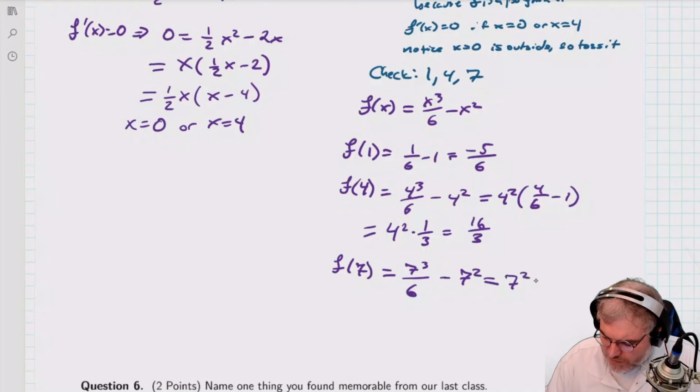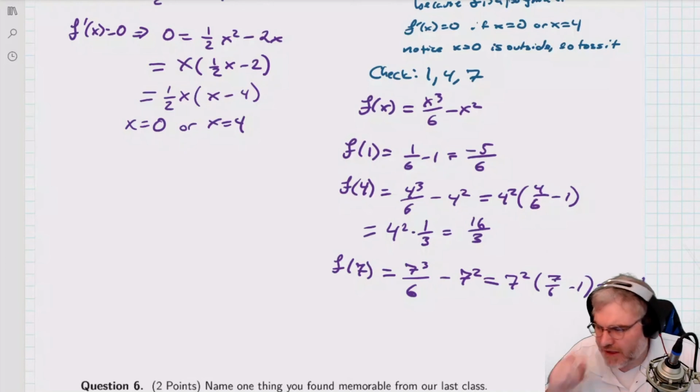So I get 7 squared times the quantity 7 over 6 minus 1, which equals 7 squared times 1 over 6. So 7 squared over 6. And I'm going to leave that like it is.